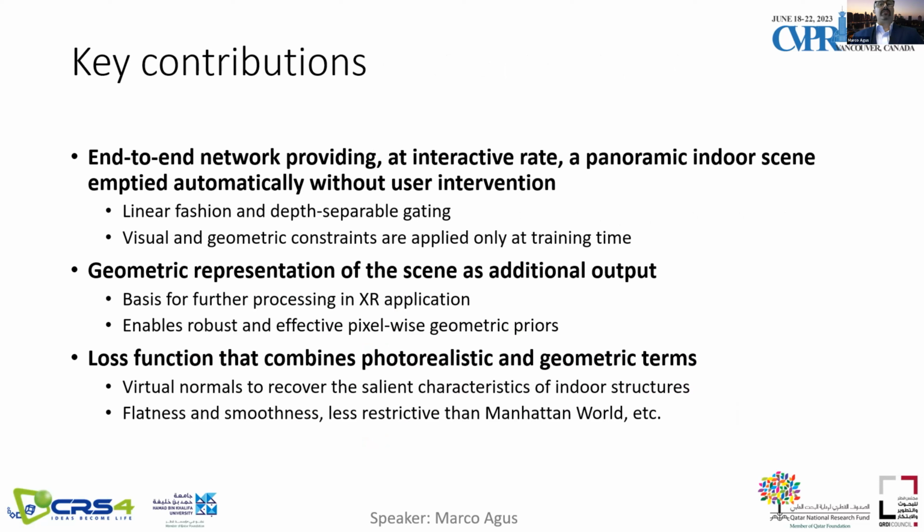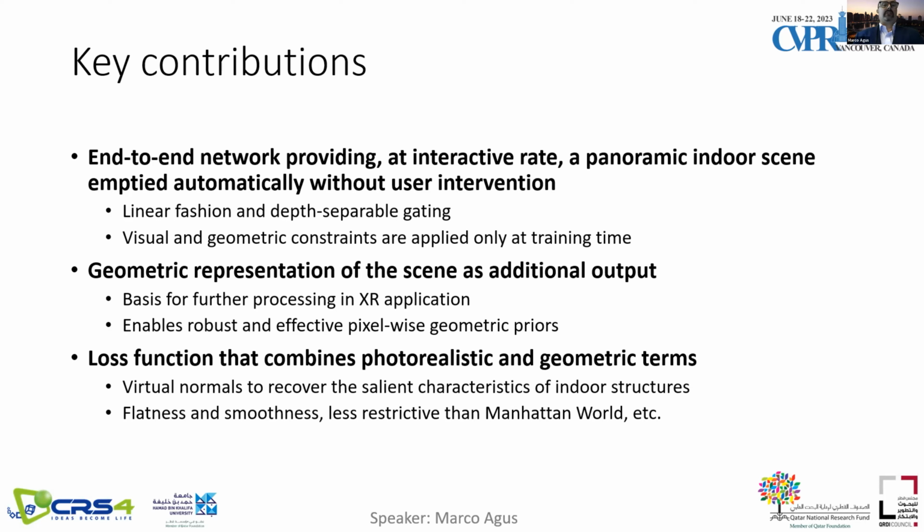that we have visual and geometric constraints that can be applied only at training time, in a way to have the inference as lightweight and as fast as possible. And then we propose loss functions that combine photorealistic coherence, and also provide geometric priors, like Gianni mentioned in the previous talk.